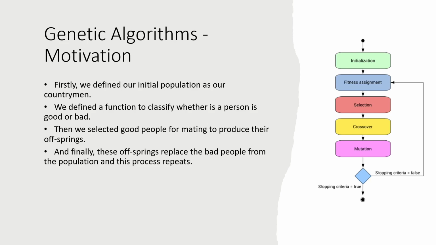And then in order to create next generations, we have two operators. The first one is crossover, and the second one is mutation. Okay? And then once we fulfill these four operators, we check whether we reach our stopping criteria.